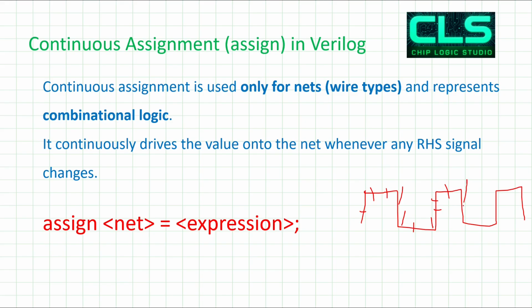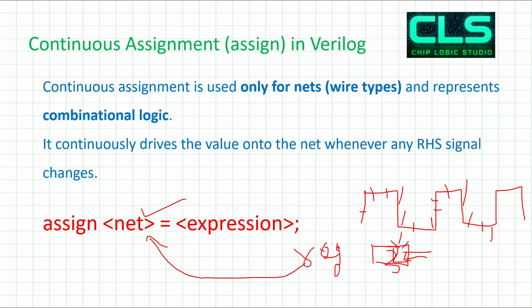So continuous assignment is going on. If you use reg here, which is a storing data type, what will happen is it cannot store, it will overwrite the same value. Some memory is there, here first a1 is coming, then 2 is coming, then 3 is coming. So this is not possible, it will give a compilation error for this kind of thing.